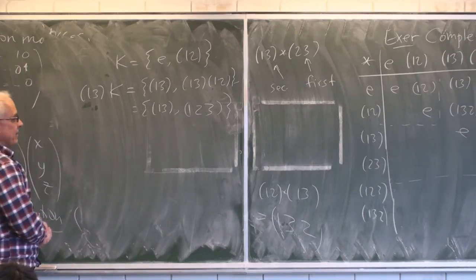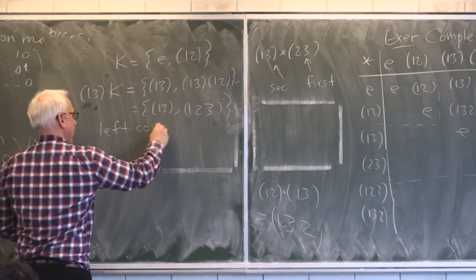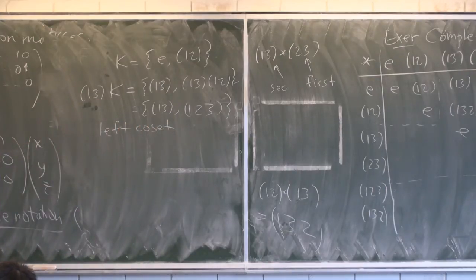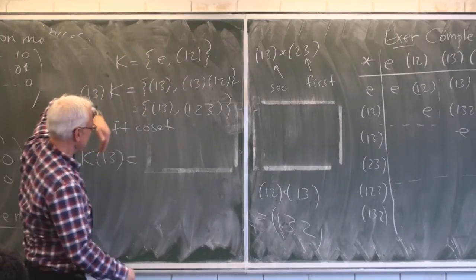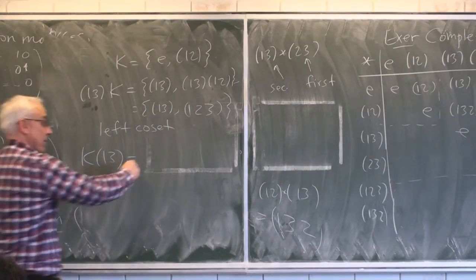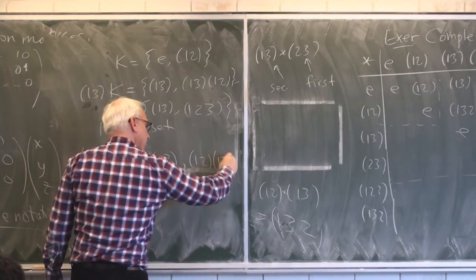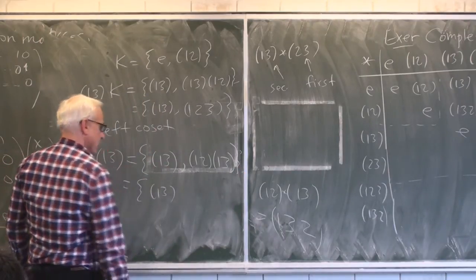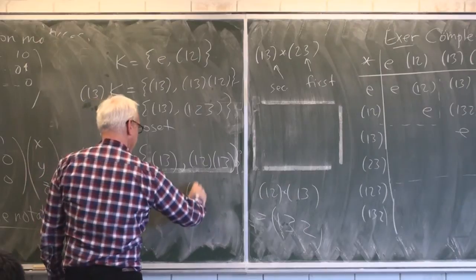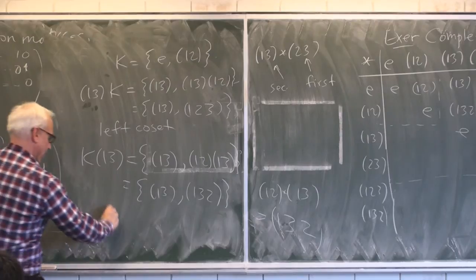That's actually a left coset, because we've multiplied the group by something on the left. If we look at K times 1, 3, then we're obliged to multiply all of these elements by 1, 3 on the right. We get something possibly different. We're going to get 1, 3 still, but now we get 1, 2 times 1, 3, and that is 1, 3 together with the element 1, 3, 2. That's a right coset.